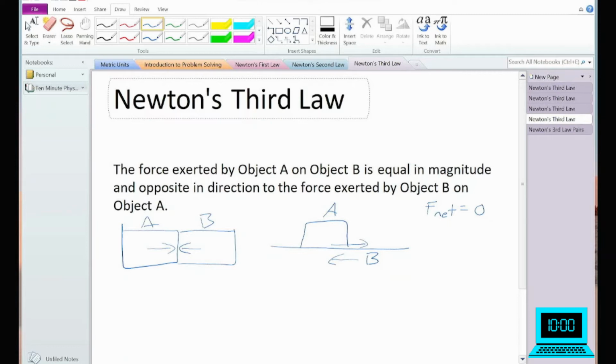Okay, you could look at these forces here. We have a box on top of the floor, and you could talk about the force of the object acting on B, and there will be a restoring force of B acting up on A. And again, no net force, and therefore this object is not accelerating vertically.